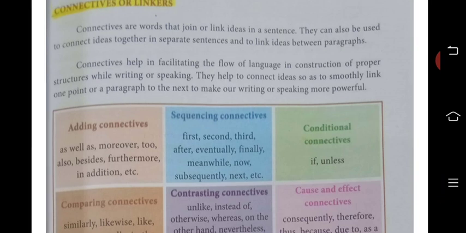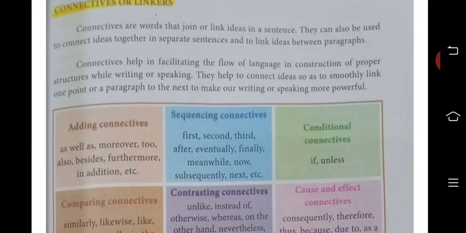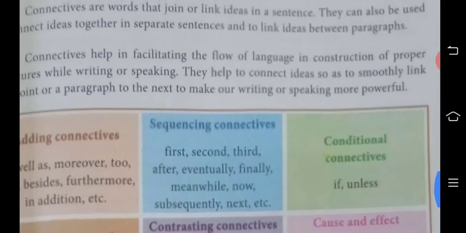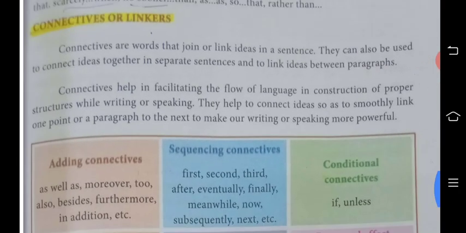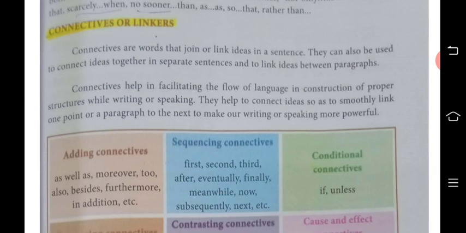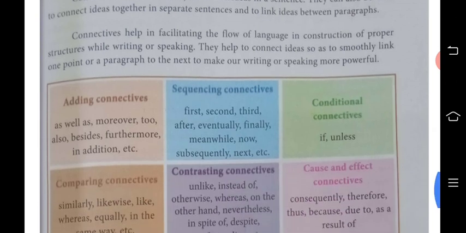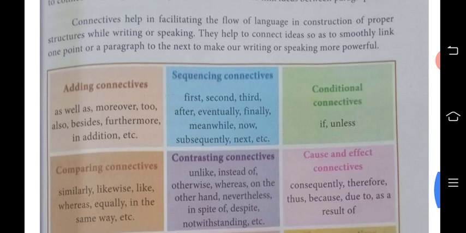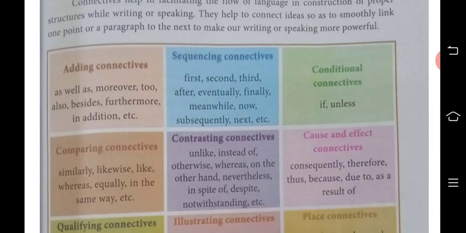Connectives are words that join or link ideas in a sentence. They can also be used to connect ideas together in separate sentences and to link ideas between paragraphs. Connectives help in facilitating the flow of language and the construction of proper structure while writing or speaking.